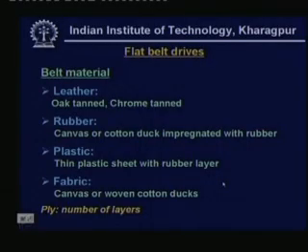Just to recapitulate very quickly, we started with the belt material. Normally for belt drives, leather, rubber, plastic and fabric are the materials most commonly used for manufacturing the belts.